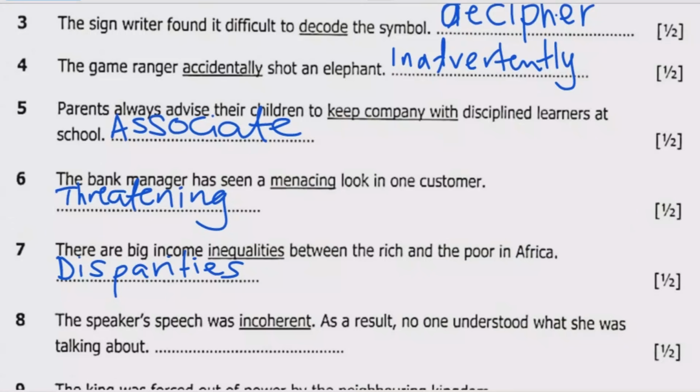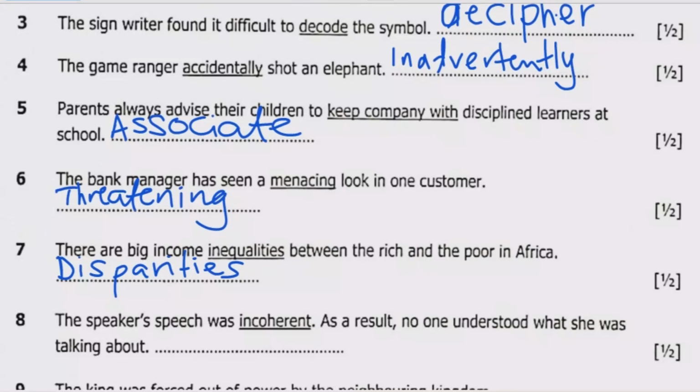Now let's go to question 8, which is: the speaker's speech was incoherent. As a result, no one understood what she was talking about. So people didn't understand what the speaker was talking about because the speech was incoherent.